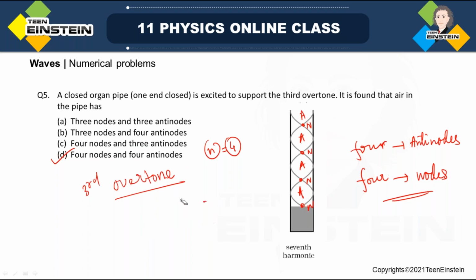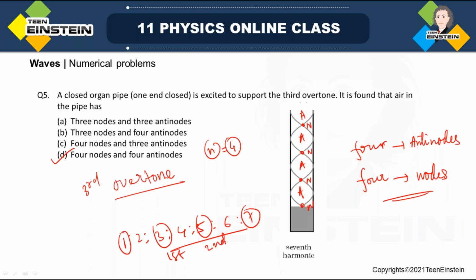In case of open organ pipe, you have all the harmonics present. But in case of closed pipe, you have only the odd harmonics. That's why this is the first overtone, this is the second overtone, and this seventh one is the third overtone.